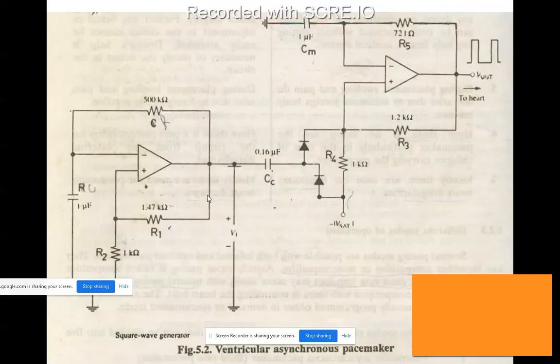So this is the circuit. See here, we are going to use an op amp. Ma'am, you said transistor, but here they used an op amp. That is nothing but an IC, an integrated circuit, operational amplifier IC. Your integrated circuit is made up of transistors only.